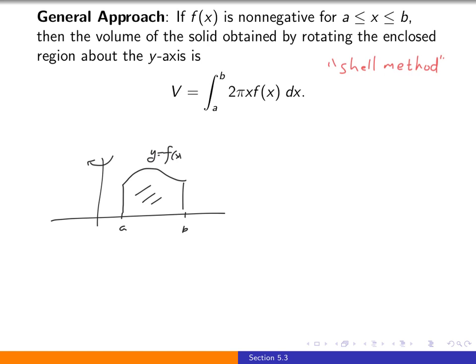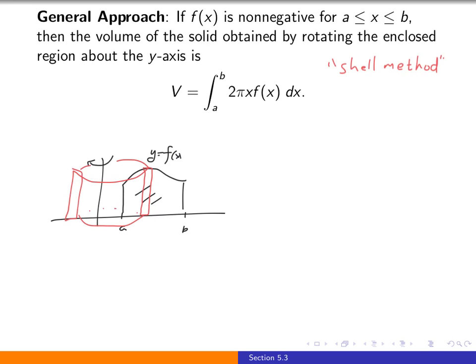And let's remember exactly what the x and the f of x represent in the situation. We take our area, we break it up into a bunch of little rectangles, and we take each rectangle and we rotate it around the y-axis to form the so-called cylindrical shell.